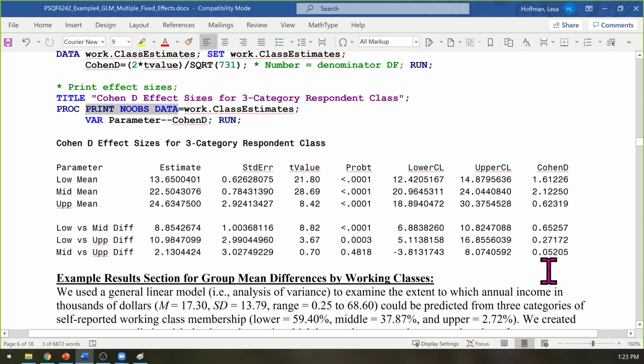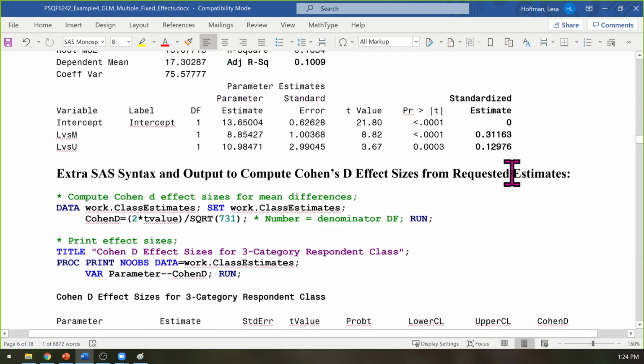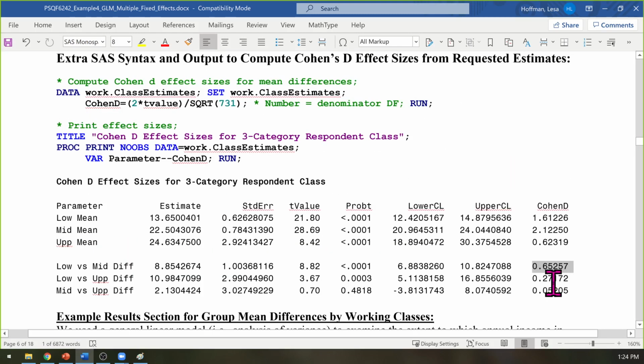So D is another index of effect size. It's in a different metric. It's in standard deviation units. So for instance, my slope that corresponded to a standardized slope up here of 0.3 in D units is 0.65. So that's telling me how many standard deviations apart those two group means are.